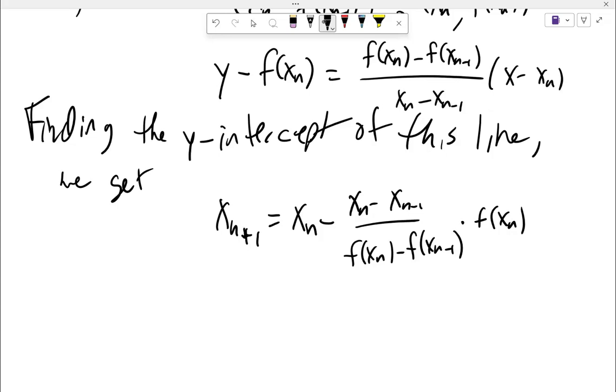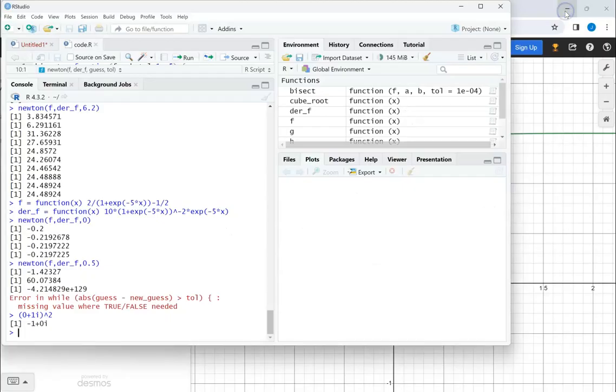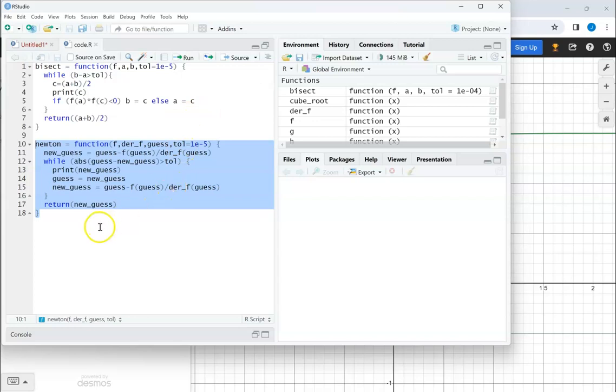Again, when we change up from Newton's method, we'll just need to make sure we take in one function and two initial pieces, right? We need the two pieces to calculate the slope. So let's go up here, see if we can make a function.